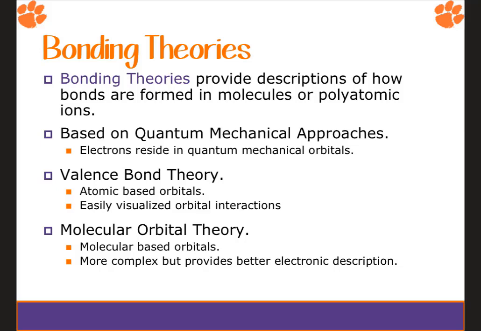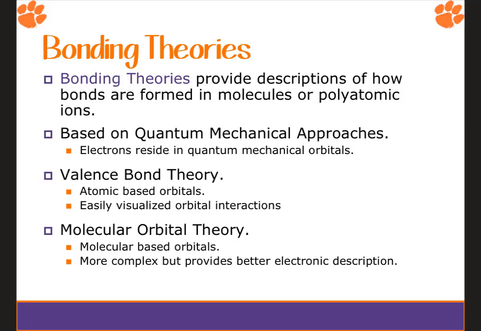Again, it's based on the quantum mechanical approaches and the theory that electrons live in quantum mechanical orbitals. This video is going to be talking about the valence bond theory, which is kind of the easier of the two.